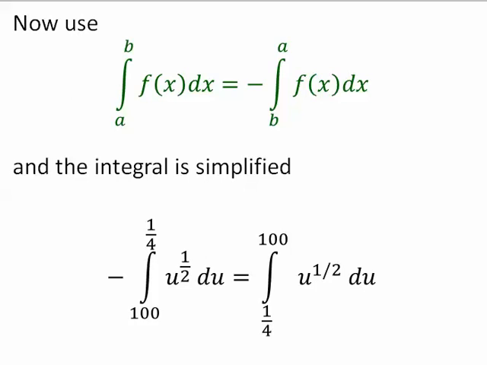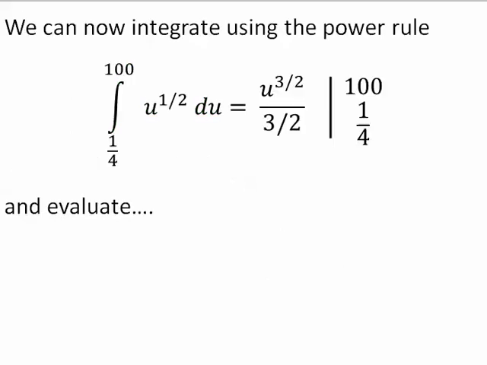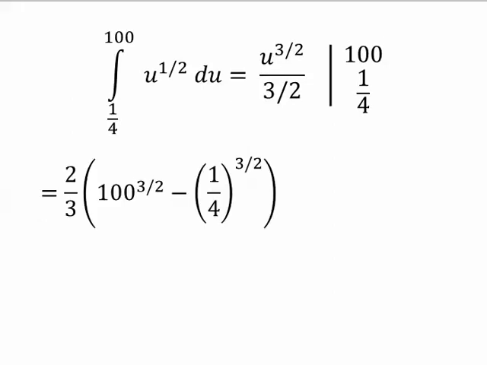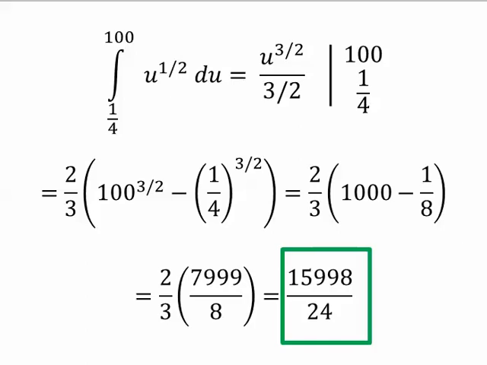So what's the antiderivative of u to the 1/2? After you find that, then you evaluate. And evaluating it, I get 1599/8 all over 24.